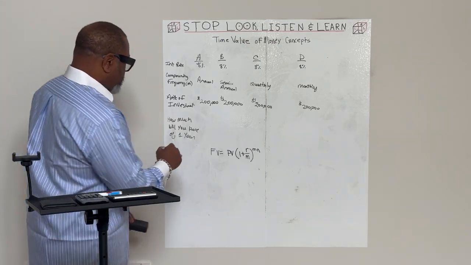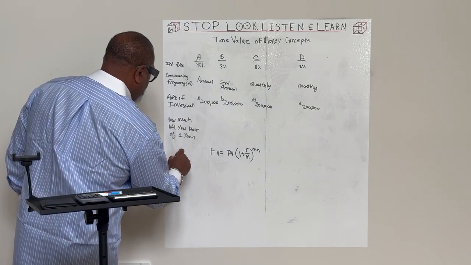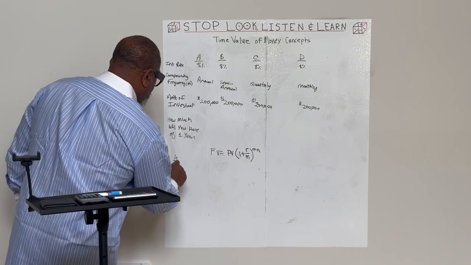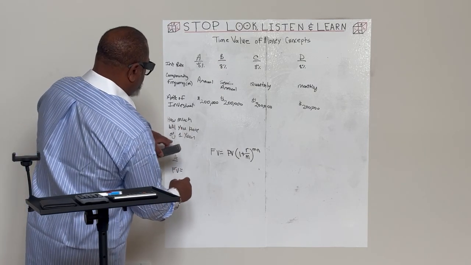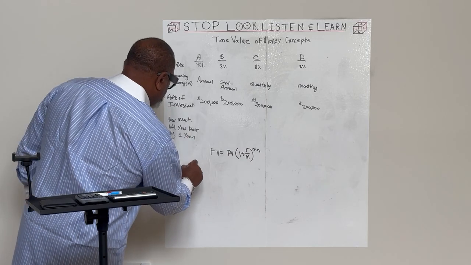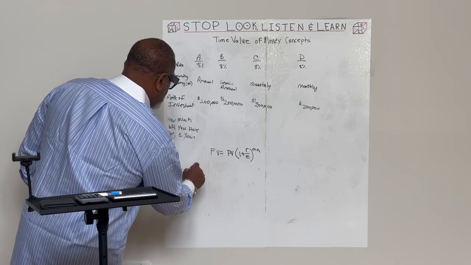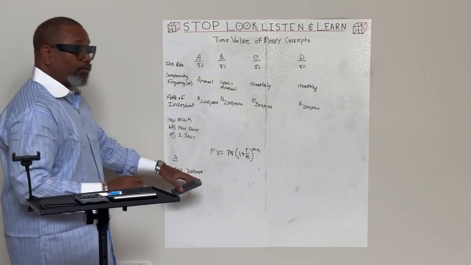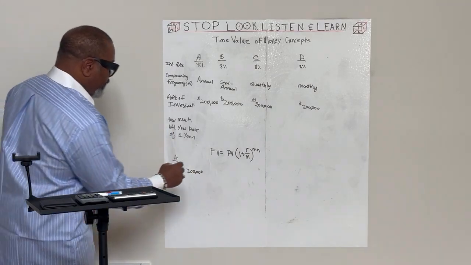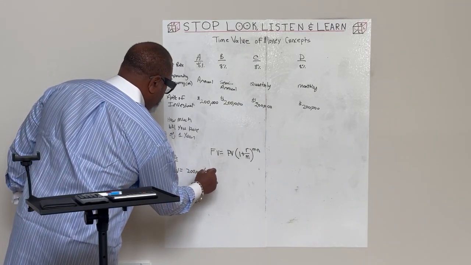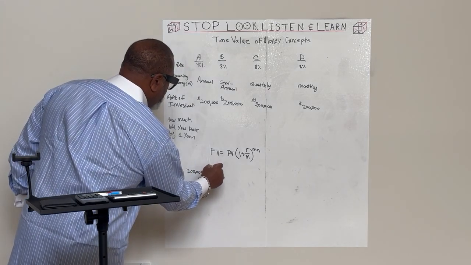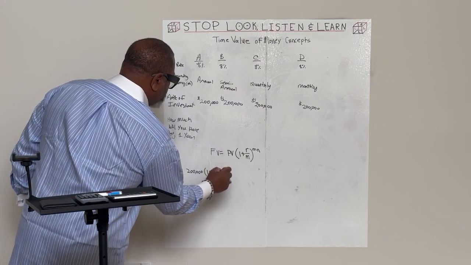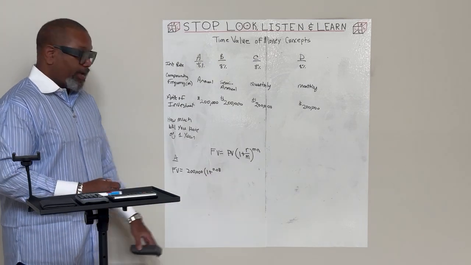So let's first look at bank A here. We want to figure out what the future value is going to be, and we're going to put $200,000. That's going to be the present value. That's the amount we're going to invest today. And at bank A, we're going to get a stated rate of 8%. And remember, you always write this in decimals, so it's 0.08.